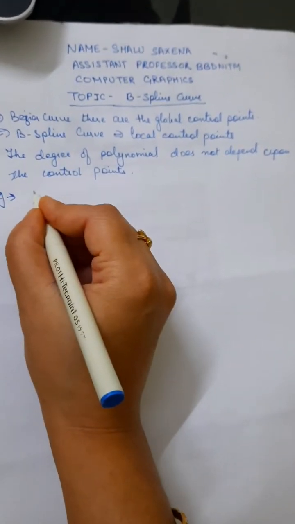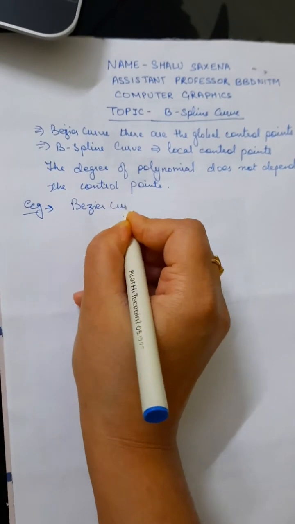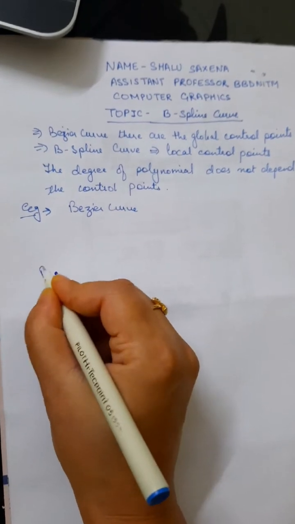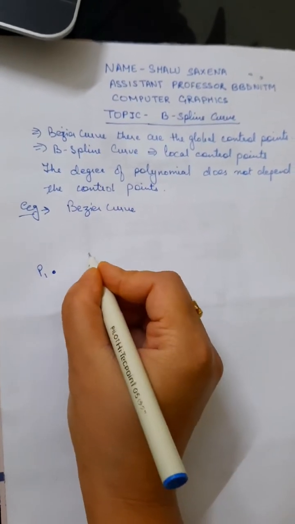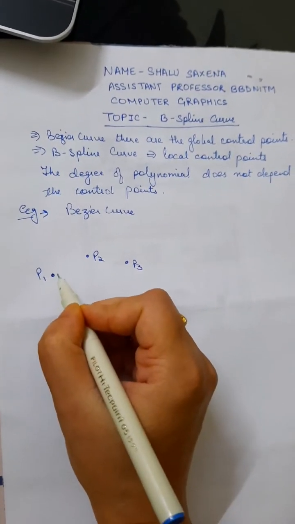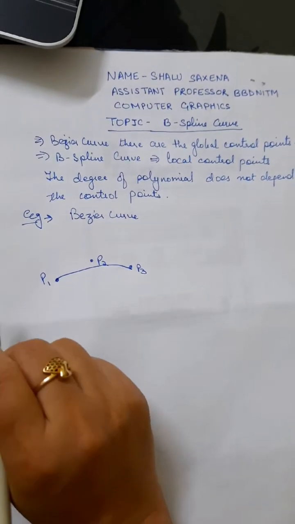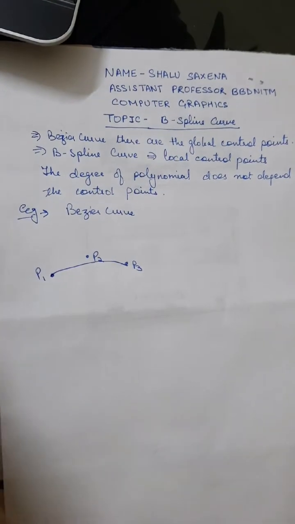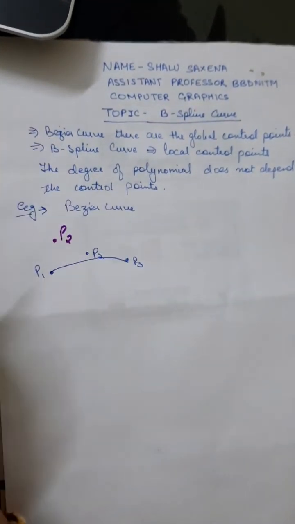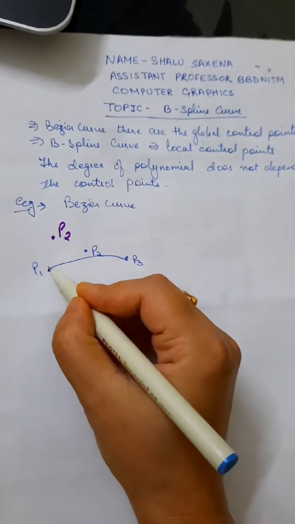Suppose in Bezier curve, if we change the control points, let's suppose this is P1 and this is P2 and this is P3. So our curve is going like this. And suppose if we change the point P2 here, our curve is totally changed.